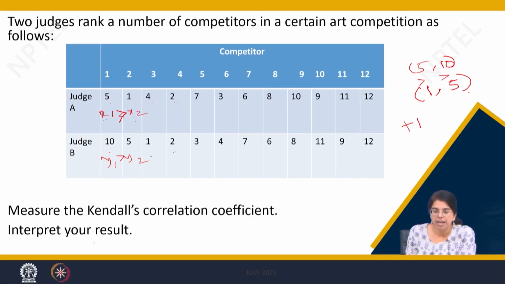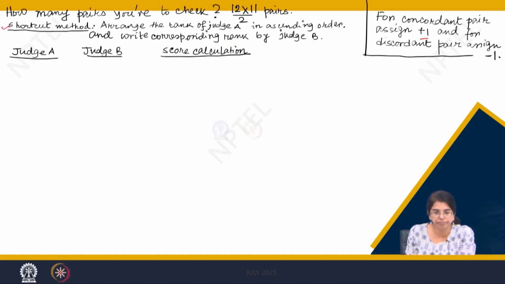Already we have seen, arbitrary comparison is possible, but one shortcut toolkit we are going to use. What is that shortcut toolkit? Let us arrange the first observation rank in ascending order, and the second ranks will come accordingly. So let us do that.